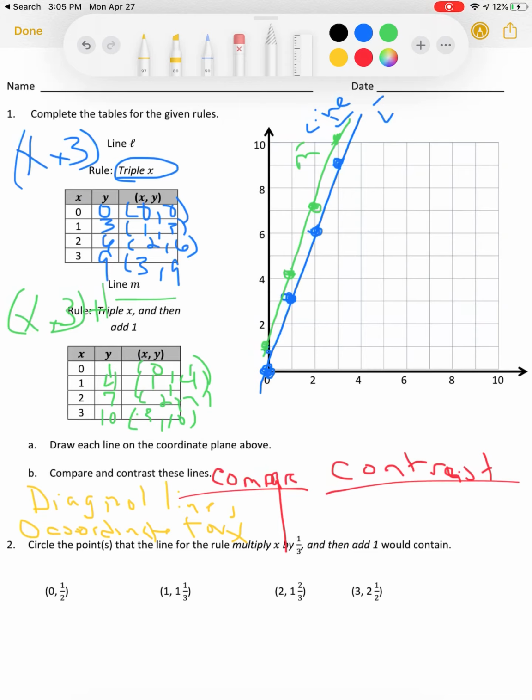So here, I'll say same x coordinates. I'm trying to find some room, people. Find some room, people. Same x coordinates. What's different between lines L and line M? Well, they have different y coordinates.